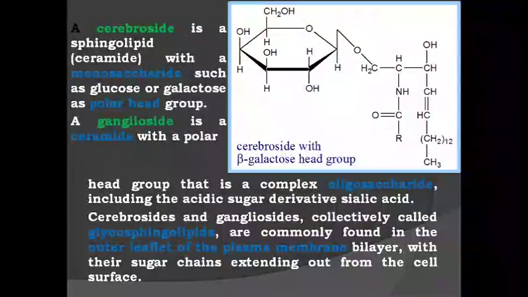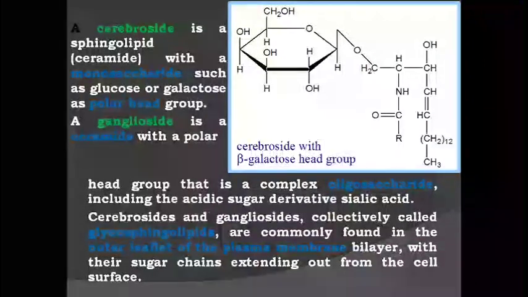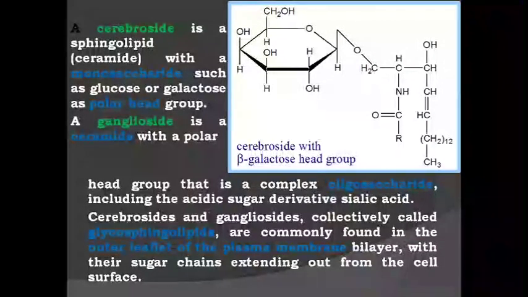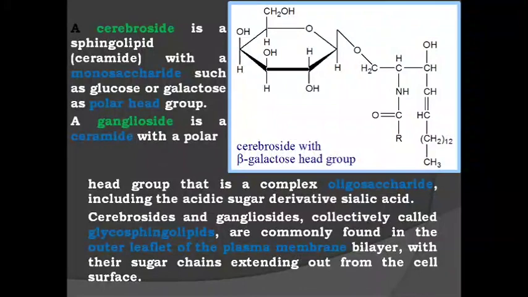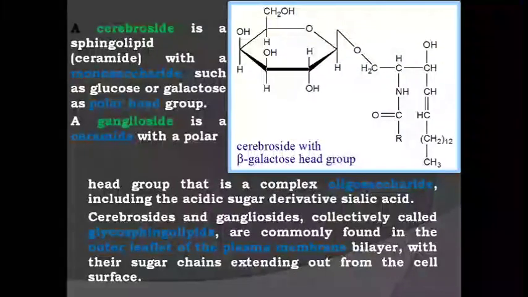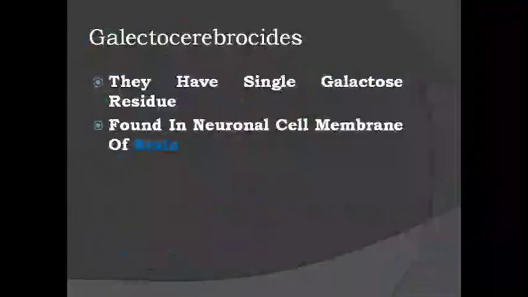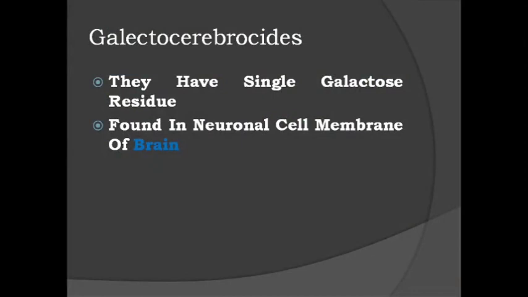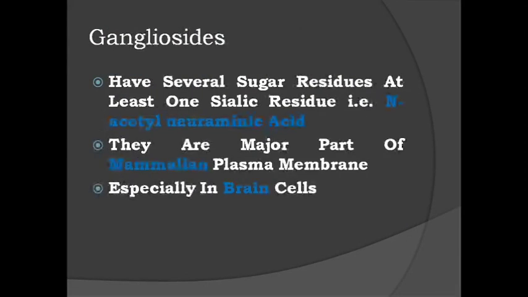Cerebroside and ganglioside both have a ceramide structure, and sphingosine is bonded to a fatty acid by an amide bond. Cerebroside contains one monosaccharide, either galactose or glucose, linked to the hydroxyl group of ceramide through a glycosidic bond. Galactocerebroside is found in the neuronal cell membrane.